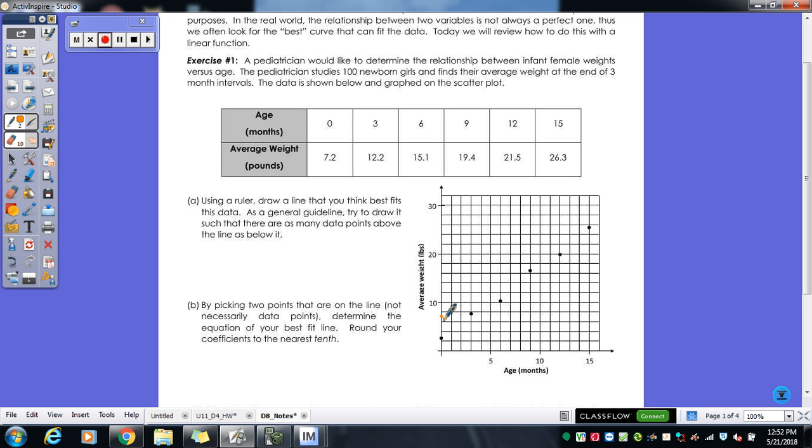And then 3, 12.2 would be about there. 6 and 15.1 there. 9 and 19.4. 12 and 21.5. And 15, 26.3 right there. So those are our new data points.